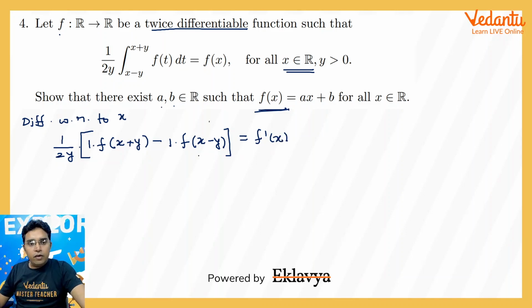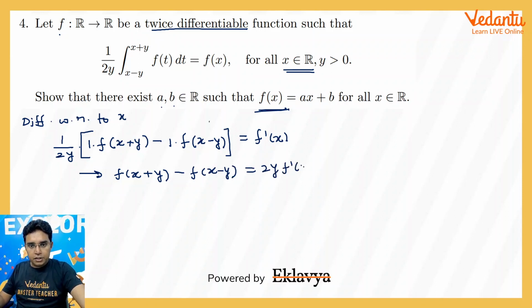Okay, now we can do it by graph also, but I think the better approach is that I can write this as f of x plus y minus f of x minus y is equal to 2y into f dash x.